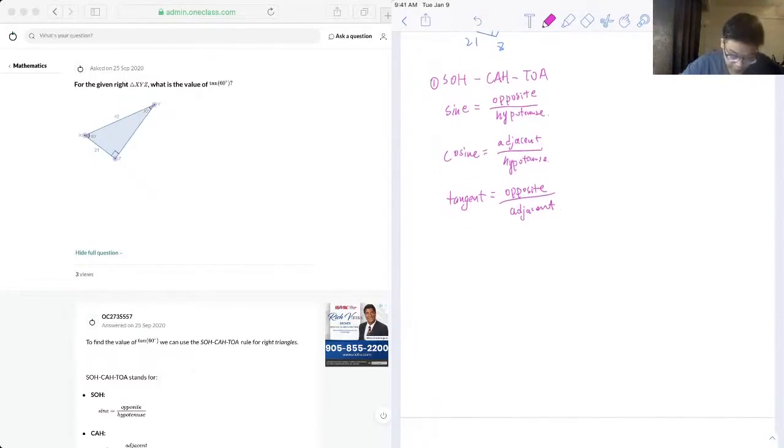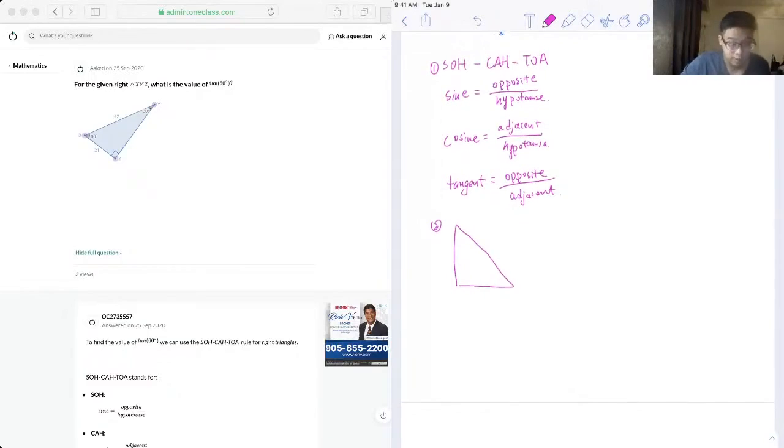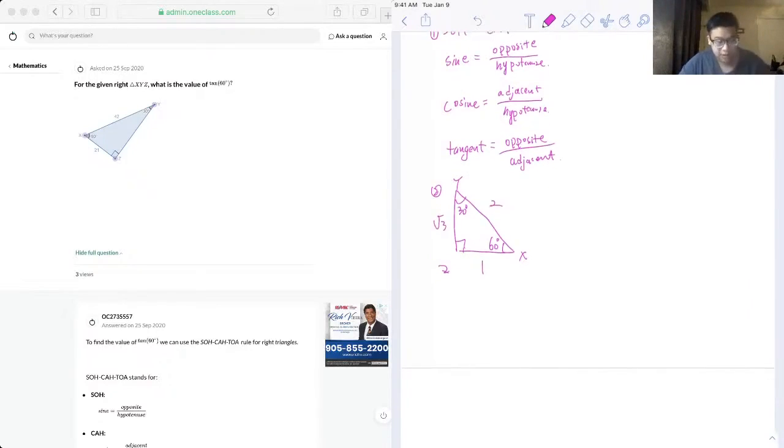So by knowing this, I'll be introducing the basic model in trigonometry, which is this triangle here, XYZ.